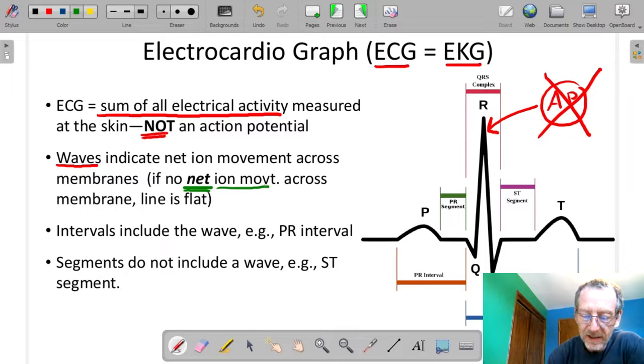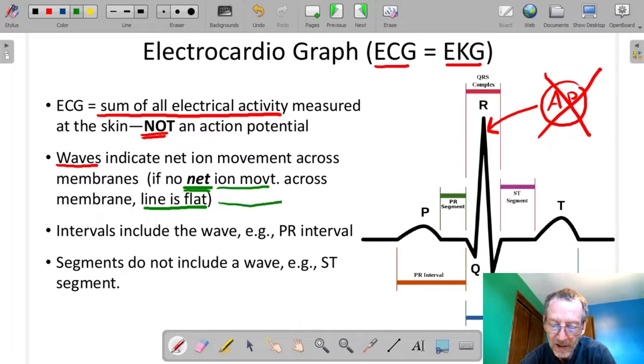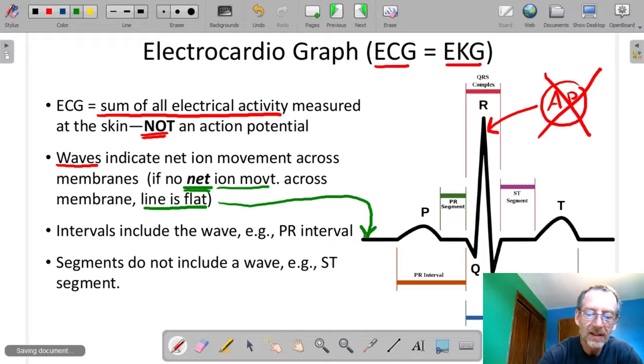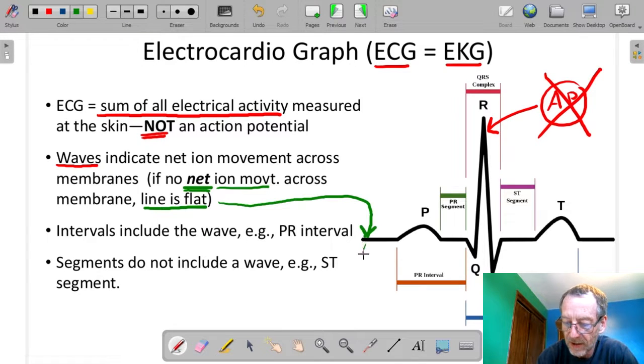If there is no net ion movement, then the line is flat. So for example, here it's flat. Well, what's going on there? This is the period when the heart is at rest. It's not contracting.